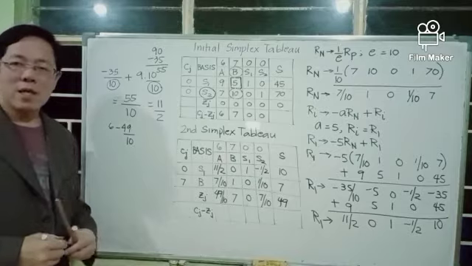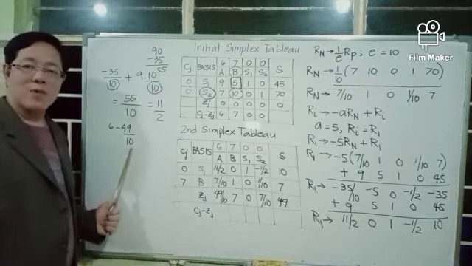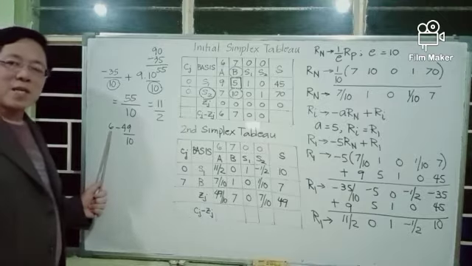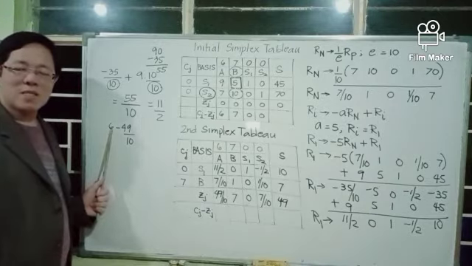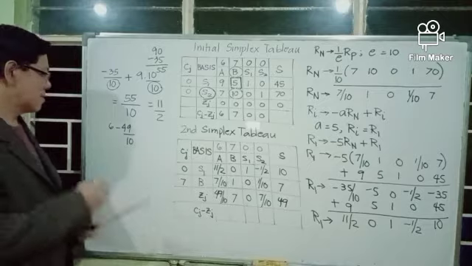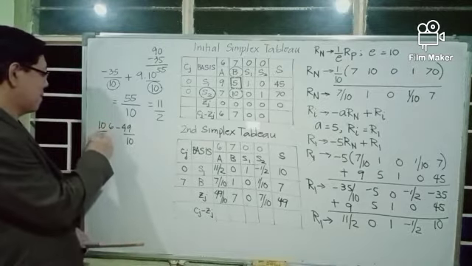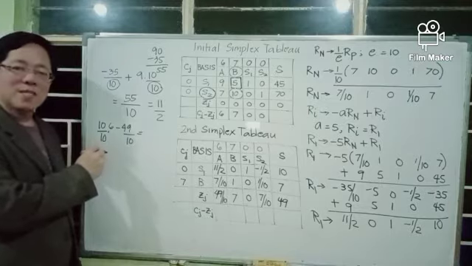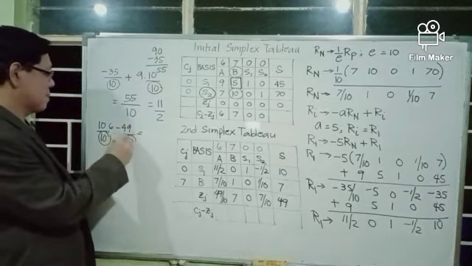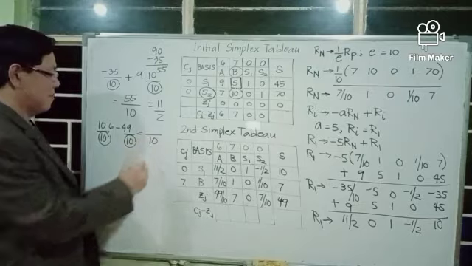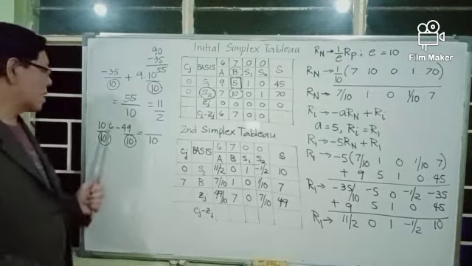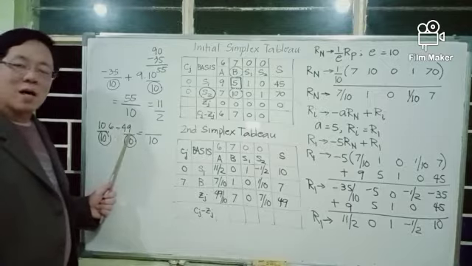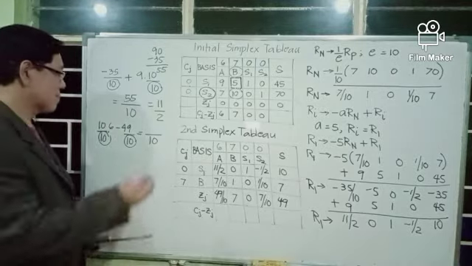Again, you can get this difference using your scientific calculator, or you can do it mentally. For 6 to have the denominator of 10, multiply 6 by 10 over 10. And the common denominator now is 10. In the numerator, we have 10 multiplied by 6 is 60, minus 49, and you get 11.